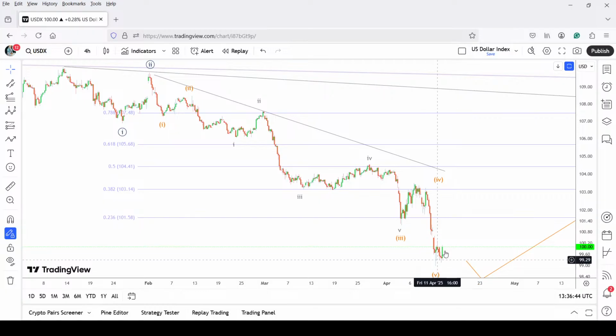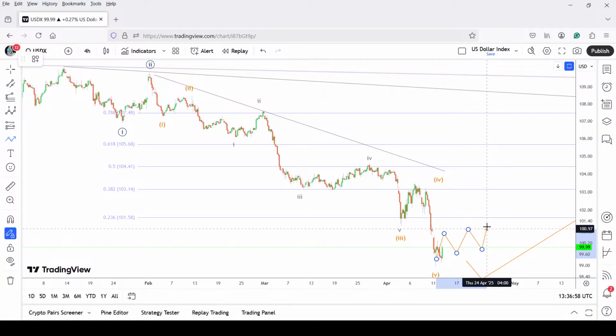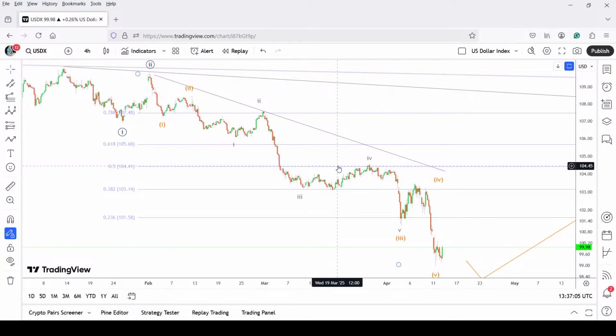Now if it is not unfolding as a flat, like if it's not unfolding as a 3-3-5, then it would be like a triangle structure where we can expect absolutely sideways action before the last wave lower. The probability of a sideways move or a triangle remains quite high, as it is already wave 4.